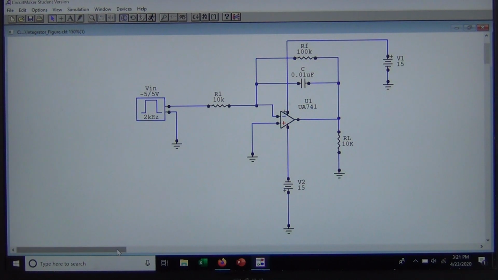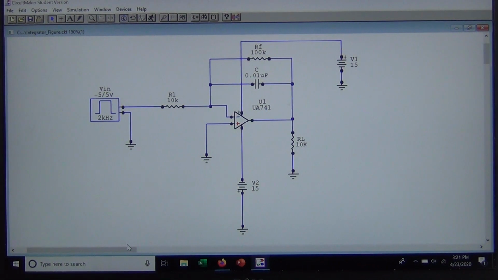Now, what we have here is an op-amp circuit where in the feedback path there's a 100 k ohm resistor, but there's also a 0.01 microfarad capacitor.